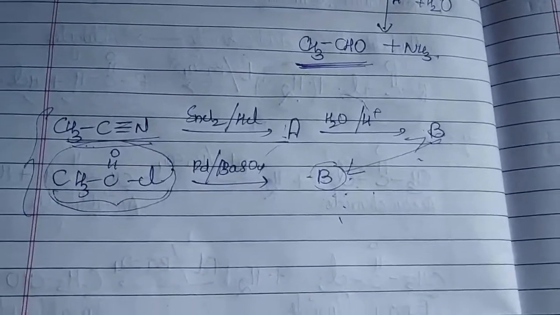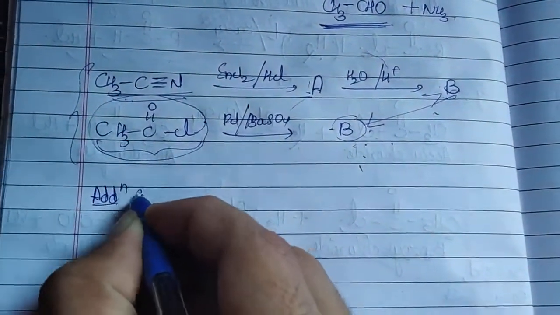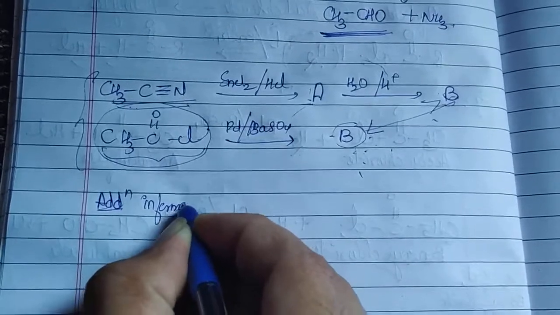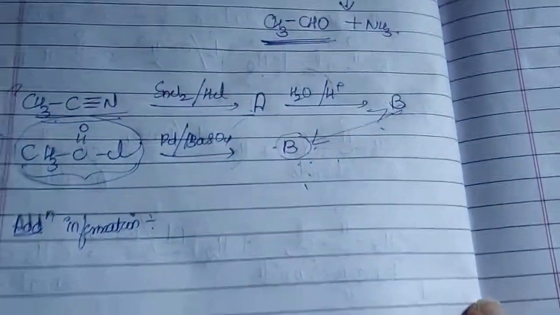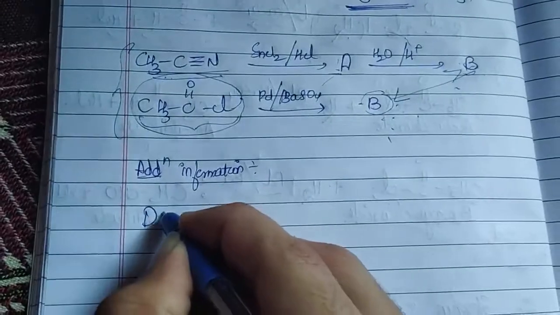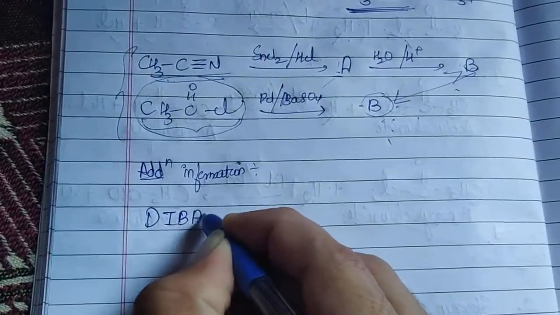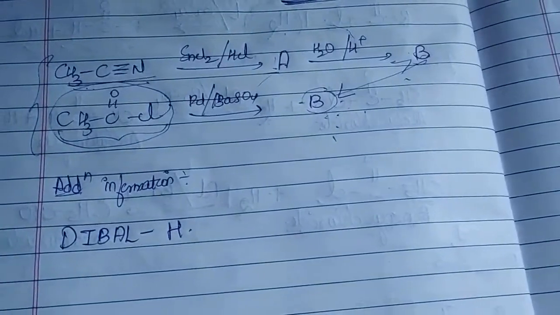Remember guys, now I'm going to give an additional information, a very important point for your competitive exams. Here, as we have used stannous chloride in the presence of HCl, they can also use a compound which is called DIBAL-H. What is the full form?